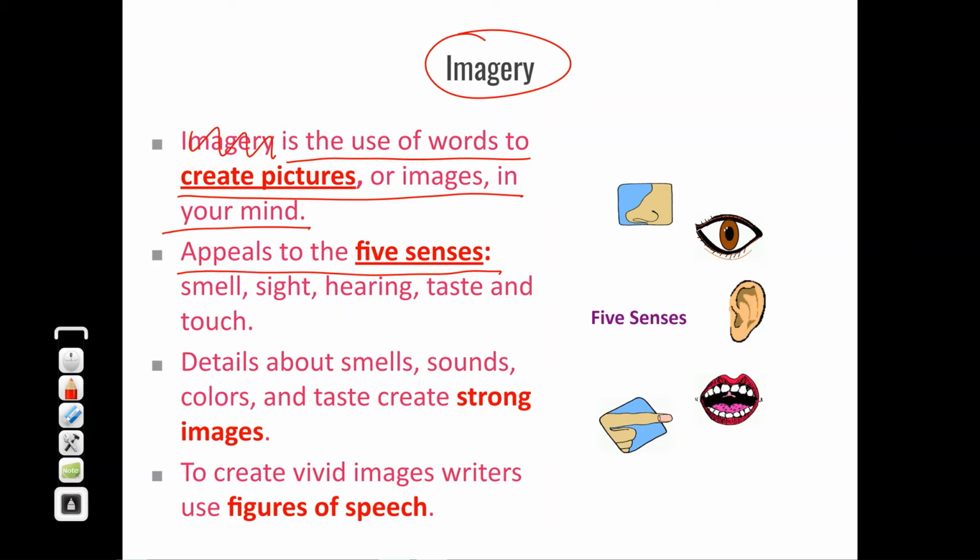Last but not least, I want you to write this down at the very bottom: to create vivid images, writers use figures of speech, which we will be getting to in this presentation as well. But you will need to know that imagery is directly tied to figures of speech.